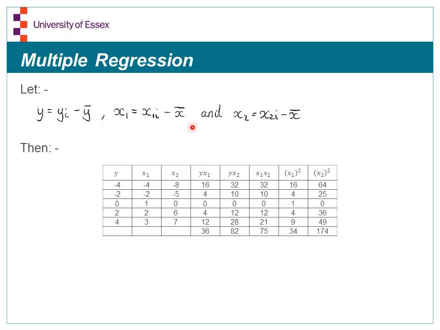So I can work out all of the differences, I can multiply them by each other, and I can sum according to the way the formulas tell me that I need to, and I can then pull all the information that I need to build my model out of that. So it's a bit calculation heavy, so we can once again be glad that SPSS is going to be doing the heavy lifting for us when we do this for real, but let's have a look at how the story goes.